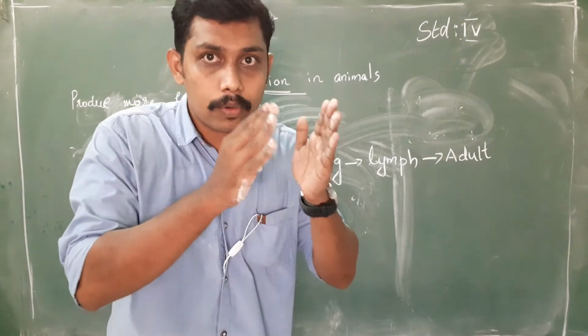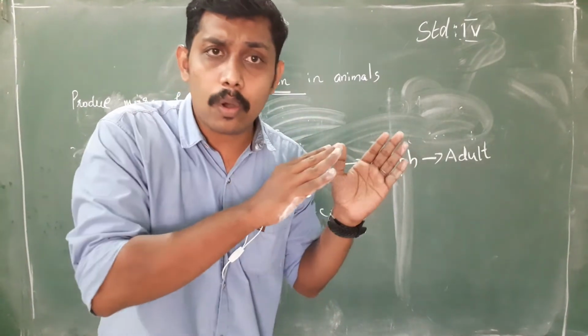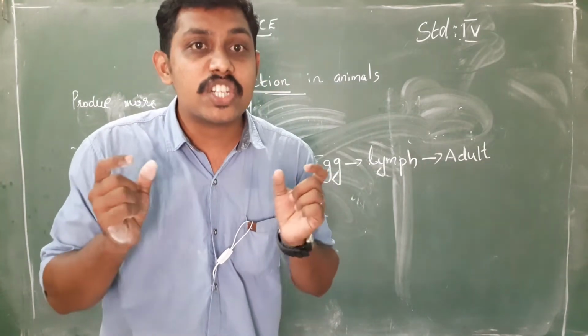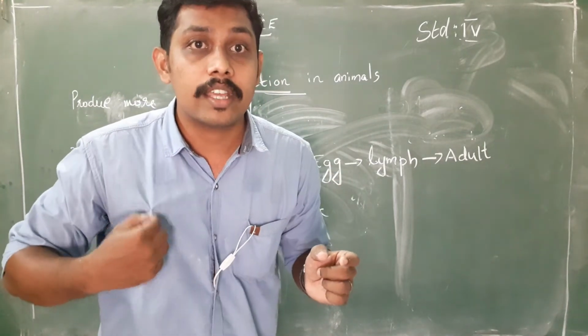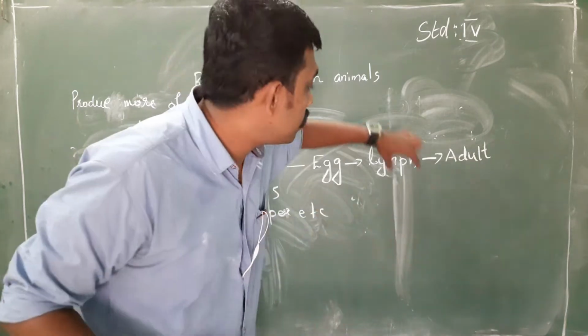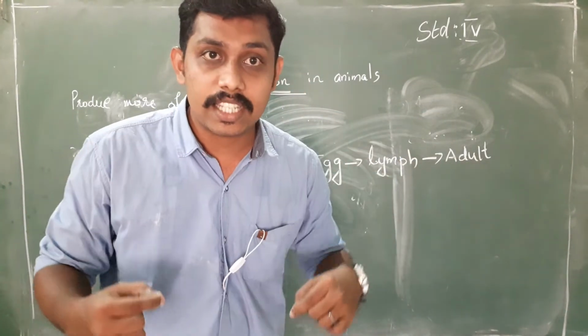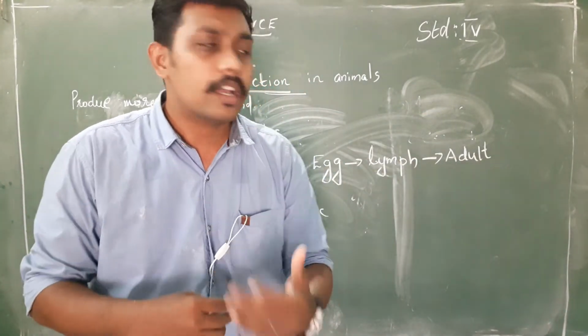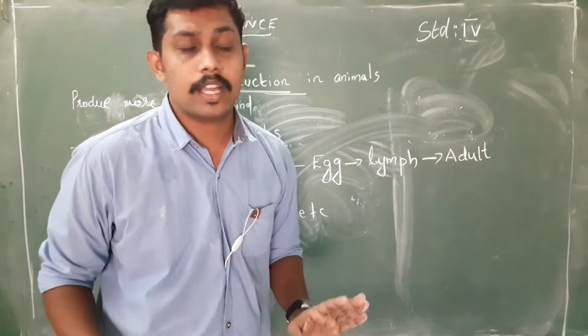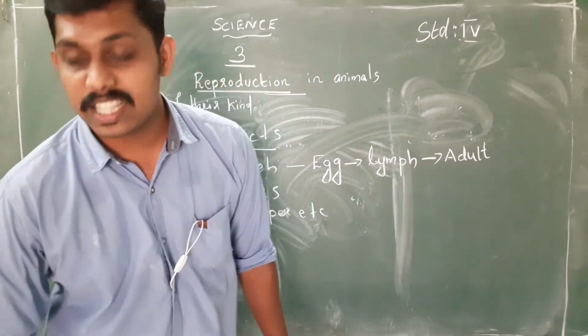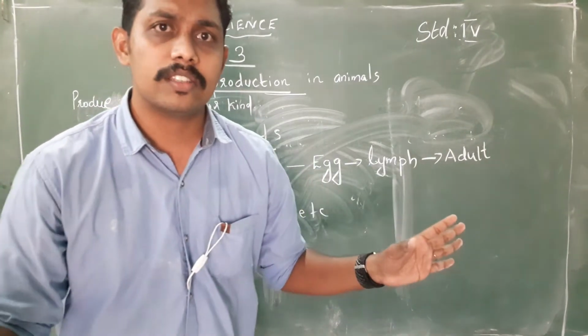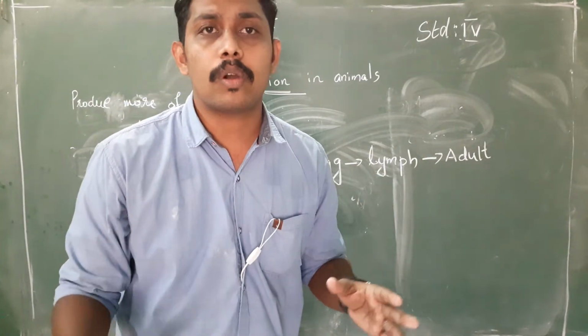During this development, they shed their skin. The nymph sheds its skin, and it becomes an adult. This shedding process, which means removing their skin, is called molting.